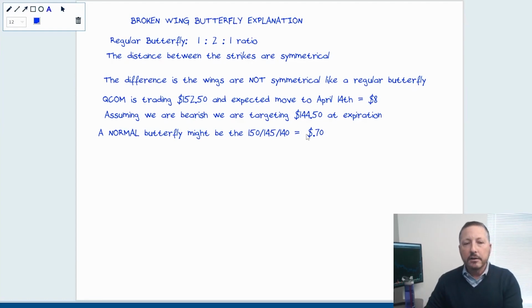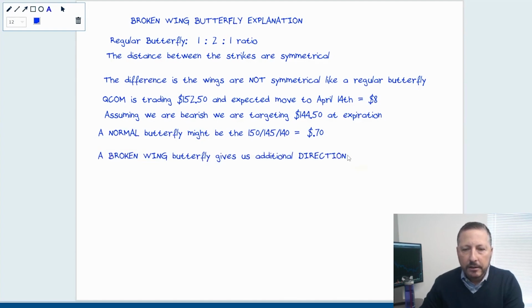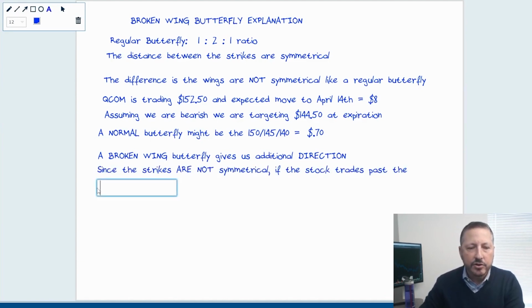So the benefit and the difference of using a broken wing butterfly is that it gives us additional direction, and since the strikes are not symmetrical, if the stock trades past the last strike, there will still be value to this position.